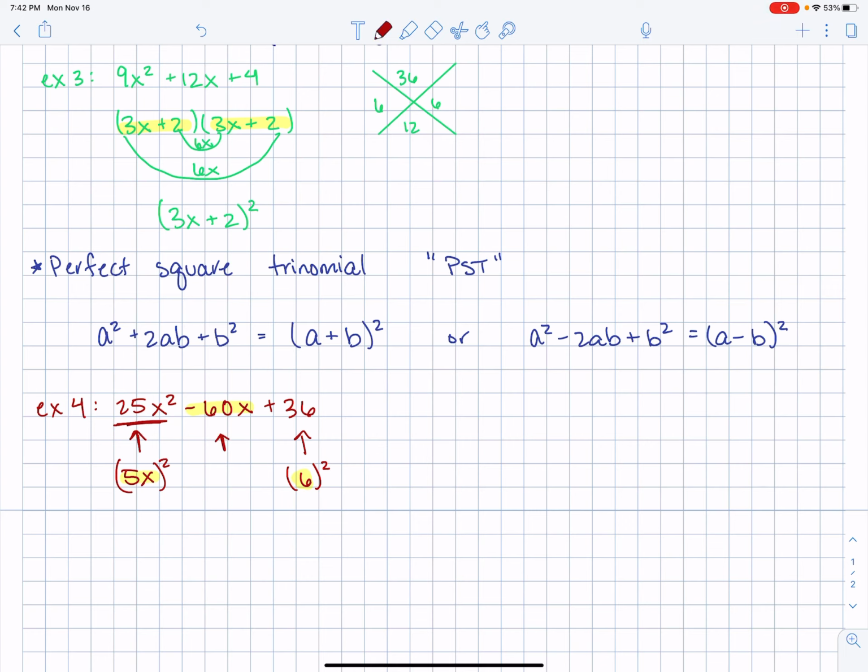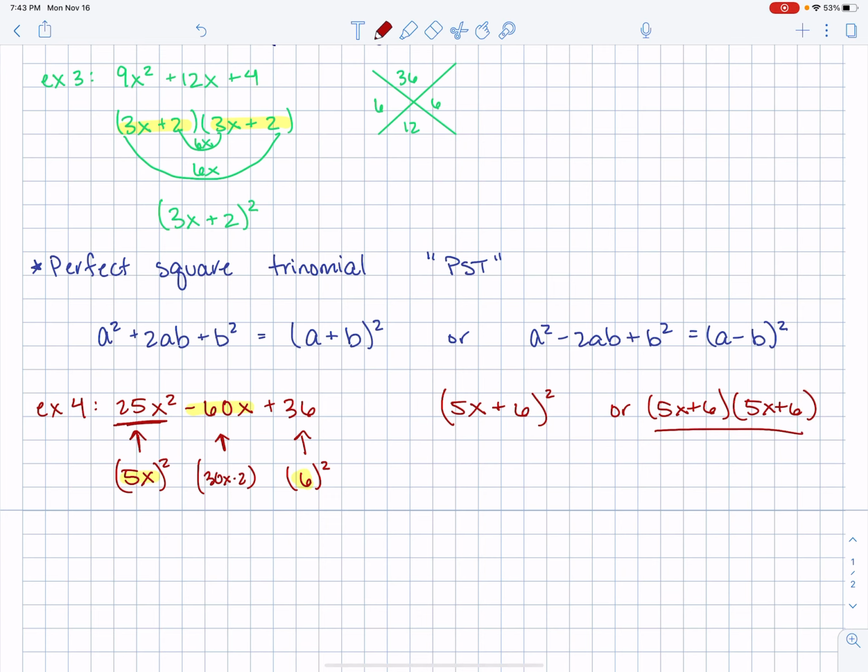And it absolutely is 30x times 2. It works out perfectly. So when we factor this guy, we're going to take 5x plus 6, and we're going to go ahead and square it. Or, as we would call it, 5x plus 6 times 5x plus 6.